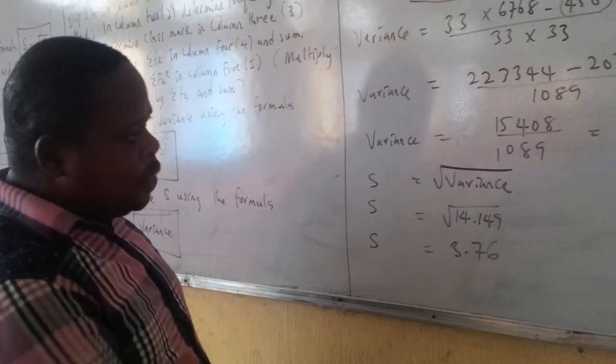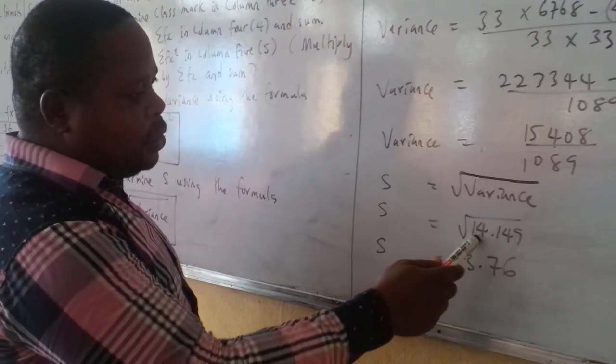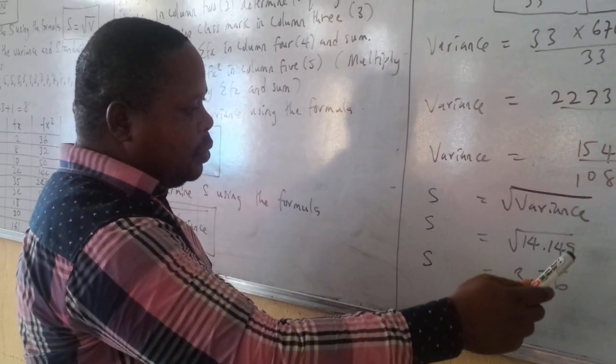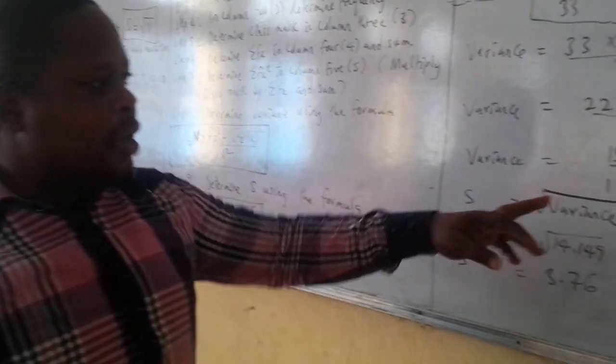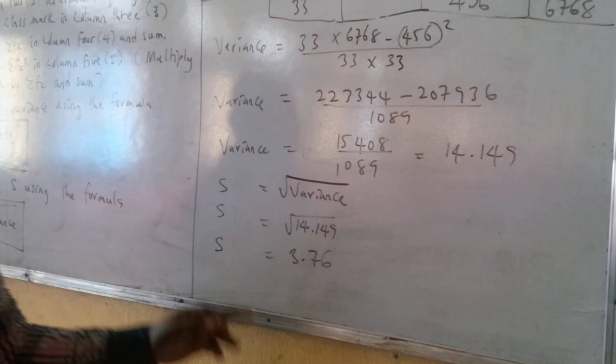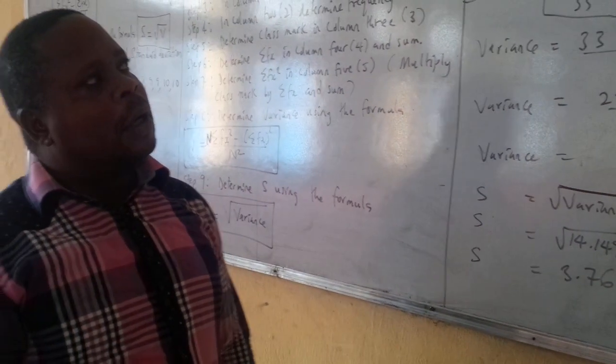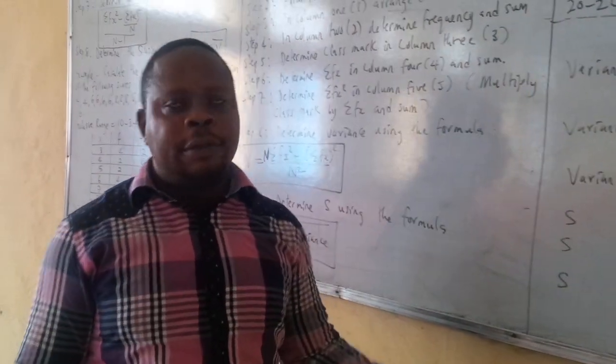Now, the square root of that variance, the square root of 14.149, will give you 3.76. So while the variance is 14.149, the standard deviation is 3.76.